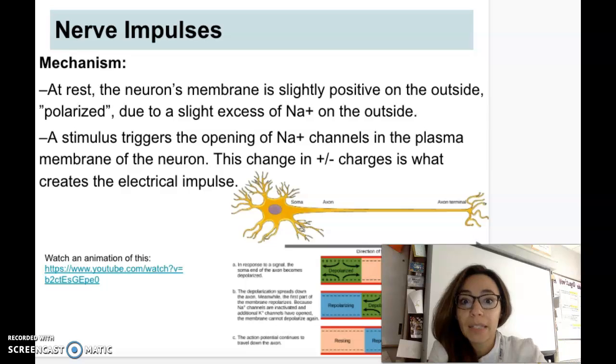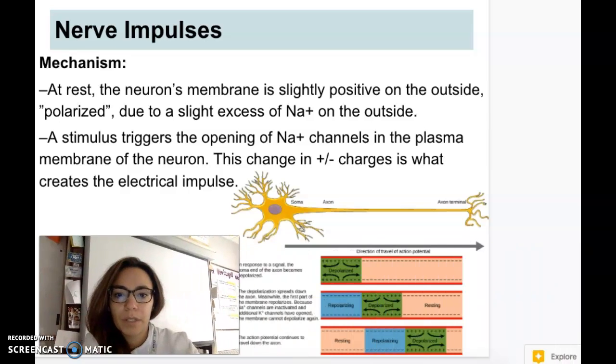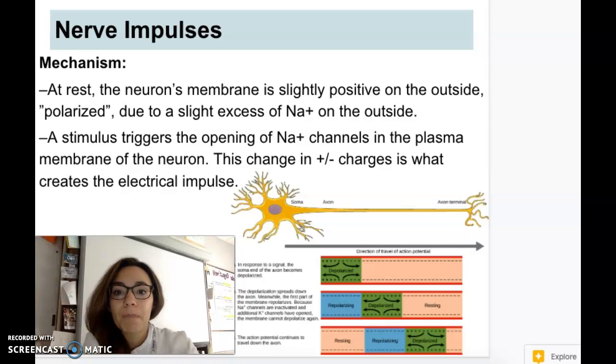Let's look at the mechanism of a nerve impulse. And maybe I'll move myself over here so you can see. At rest, the neuron's membrane is slightly positive on the outside, polarized, due to the slight excess of sodium ions on the outside. Okay, so a lot of this comes down to charges, because we're talking about electricity. A stimulus triggers the opening of sodium channels in the plasma membrane of the neuron.